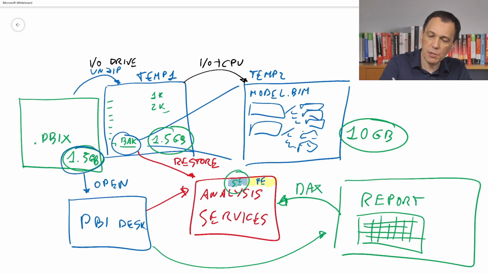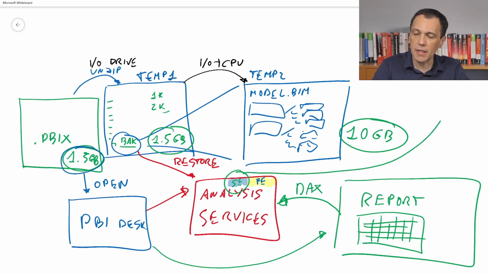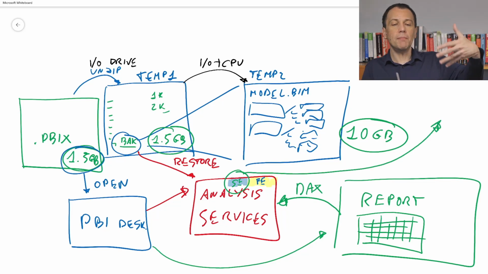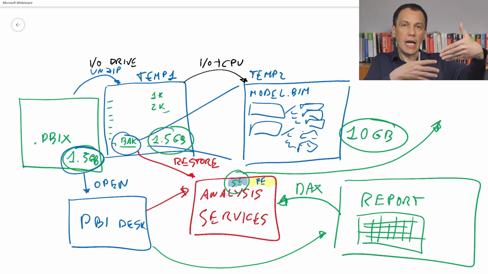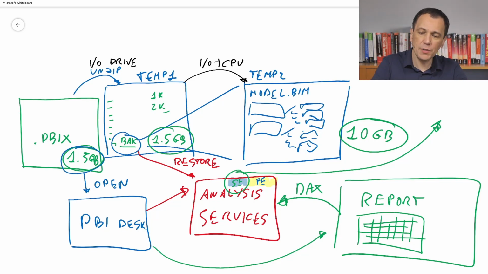For the first time, the storage engine sent queries over the RAM. But guess what? We expanded the model in a temporary folder, and this model was around 10 gigabytes, but this model had to be loaded in RAM.